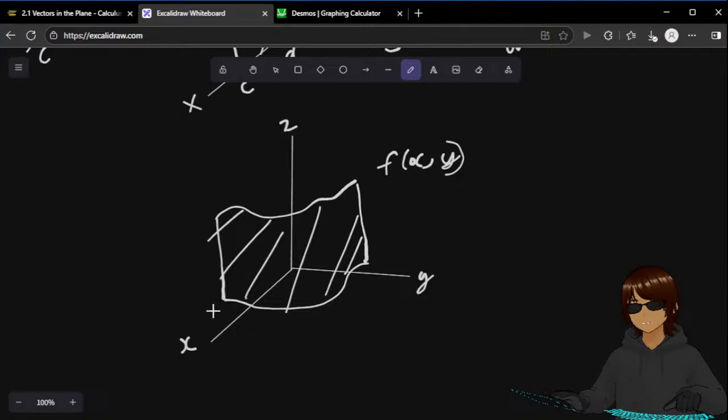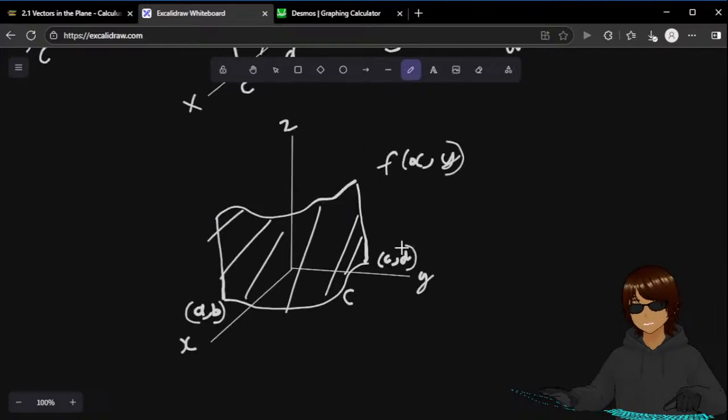Let's say this point is A, B, and C, D. And let's call this curve C. So we want to integrate over curve C. So how do we do this?